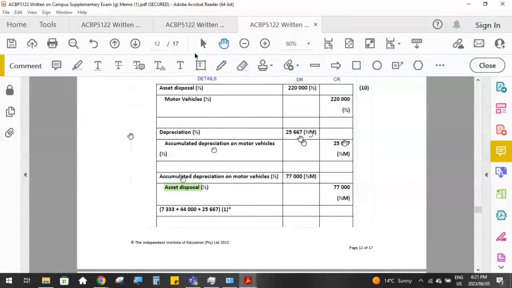And then on the date that you've sold it, you transfer all the accumulated depreciation out of the accumulated depreciation account and into the asset disposal account. So because ACDEP has got a credit carrying value, we have to debit ACDEP in order to cancel that out and transfer it into the asset disposal. So in that case, the asset disposal gets the credit. And that 77,000 are those 3 depreciation amounts added together, the total ACDEP on that vehicle from when you purchased it up until when you sold it.